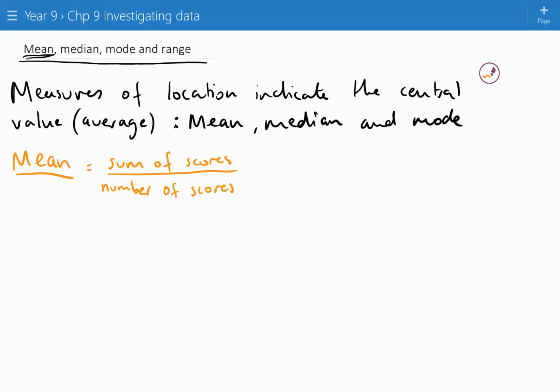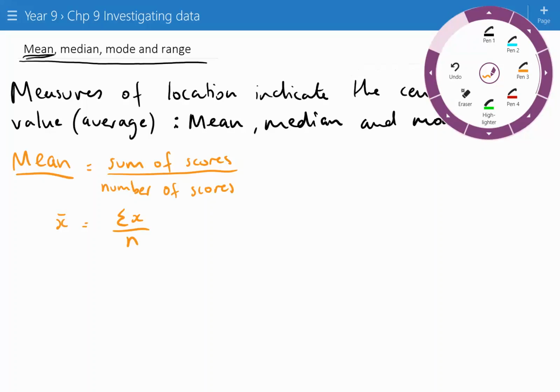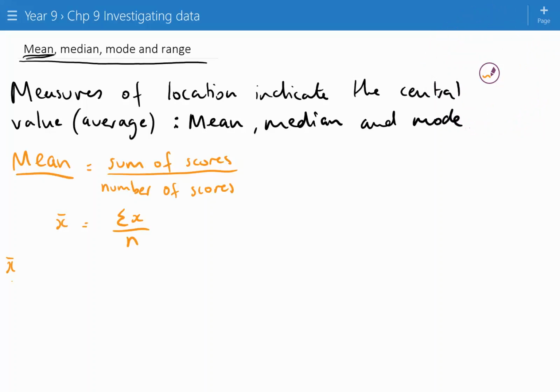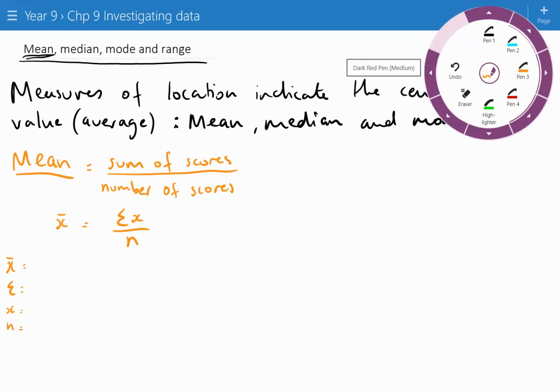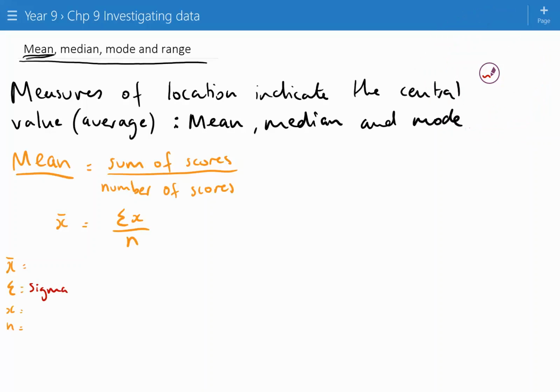This symbol here, X bar, is also used to represent the mean. So X bar equals sigma X over N. The X bar, sigma, and N all represent different things. This is just a notation for the sum of scores over N. Sigma just means the sum of.